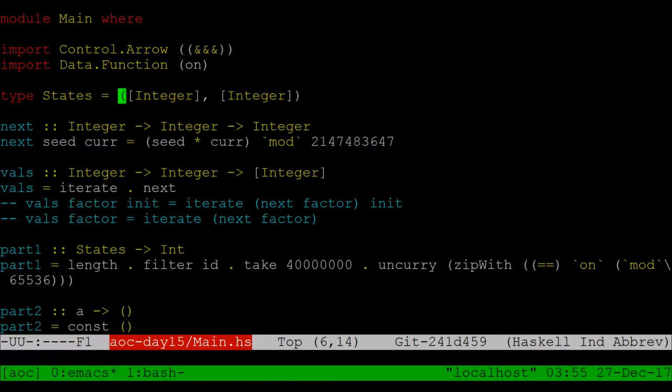This would have been way easier if I had just modeled things slightly differently, I'm now realizing. Anyway, I said, oh, well, we have a bunch of generators, right?